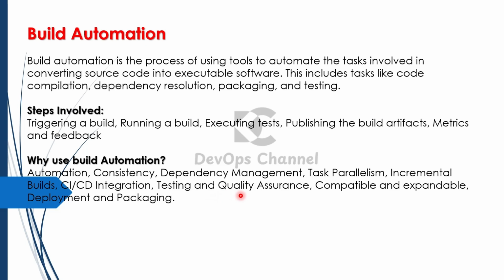Then compatibility and expandability: whatever executable file you get will be compatible and expandable across many devices or platforms. The last is deployment and packaging. It will give you the packaged code. For example, with Maven, it will give you the jar or war file after building.